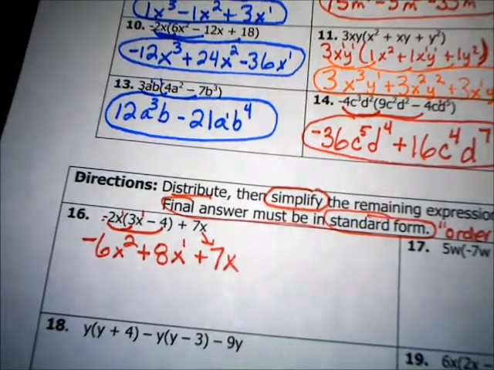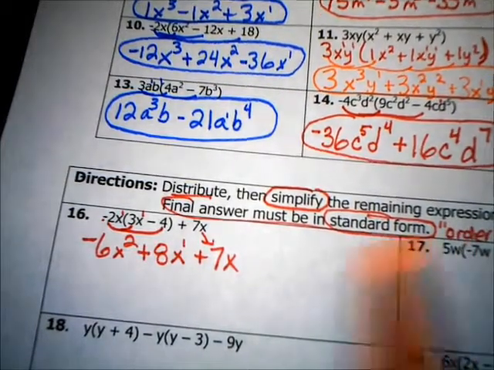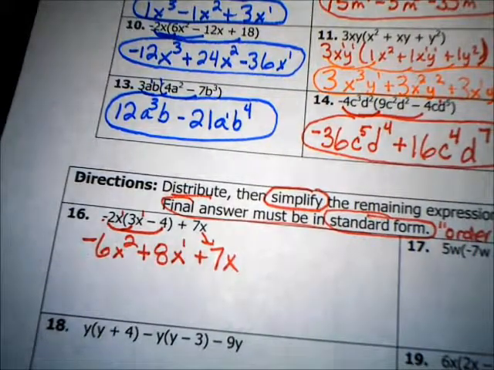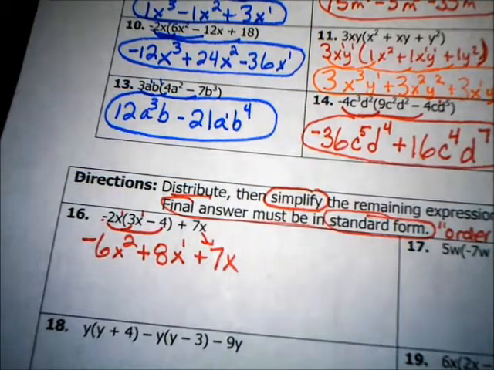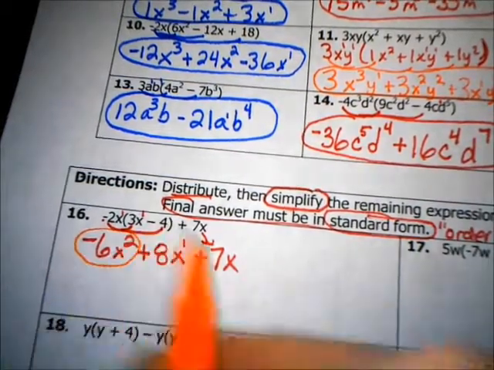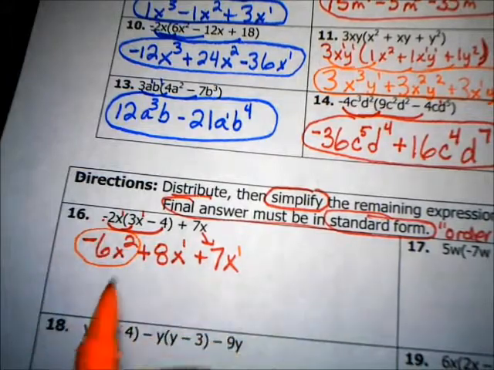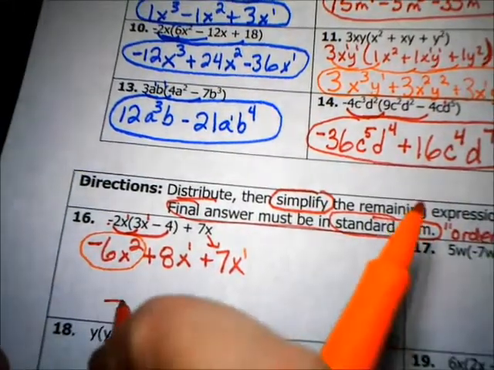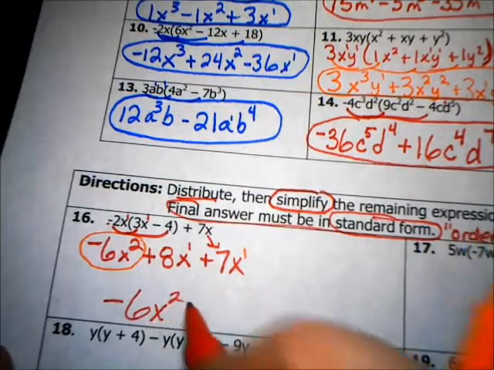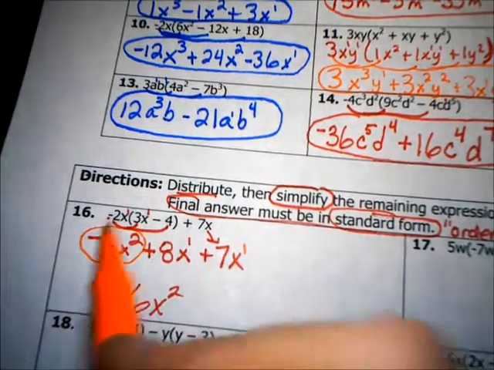Now if I'm looking at it, for my standard form, I want to start with the highest exponent. The highest exponent is this leading number right there. I don't have anything else. These are all x^1s. So that means this is my first term of my answer. Okay. But now I've used it.